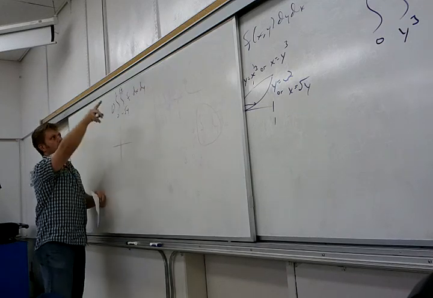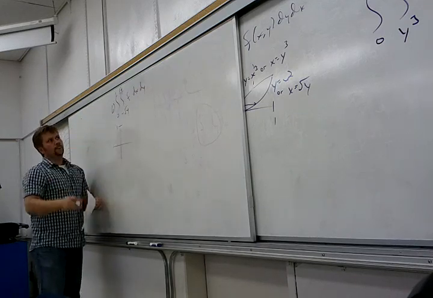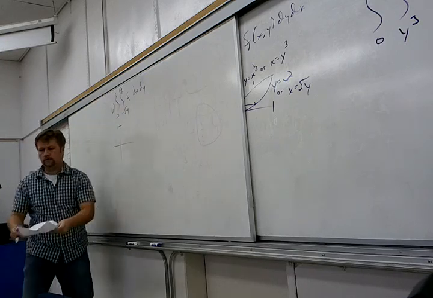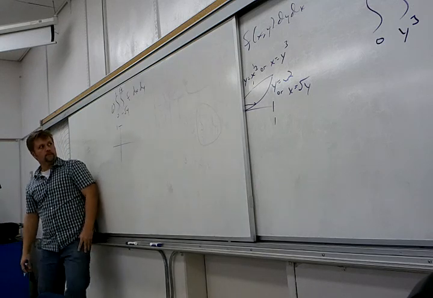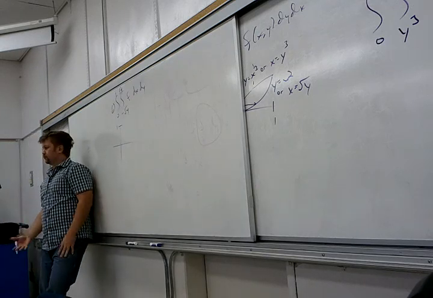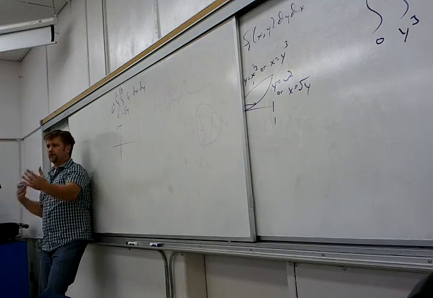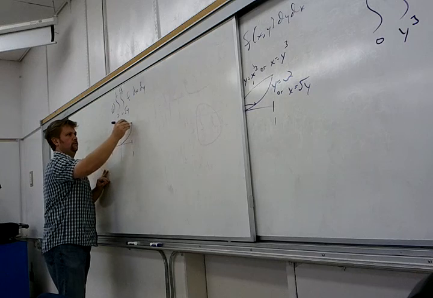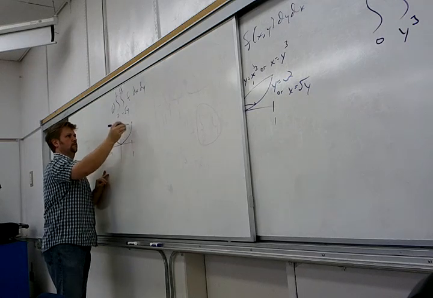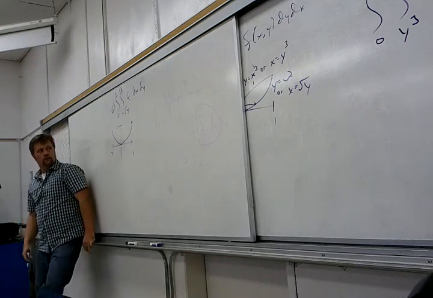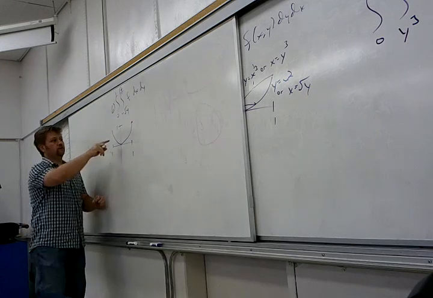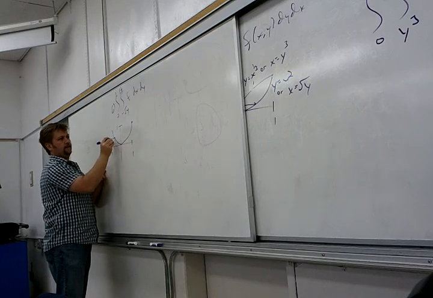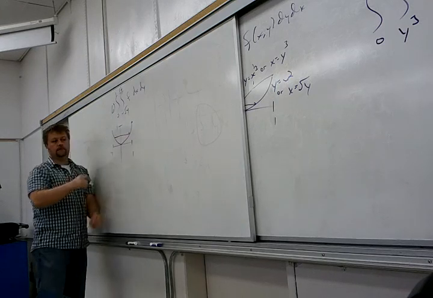So as y goes from 0 to 1, x goes from negative root y to root y. And of course, if x equals root y, y equals x squared, and it's picking up both sides of that thing. So as y goes from 0 to 1, x goes from this to that.